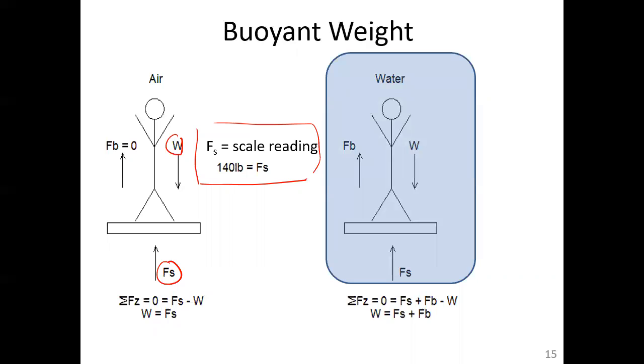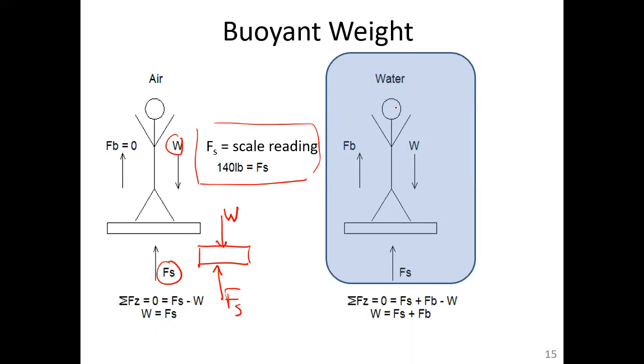If you drew a free body diagram of just the scale, you have the weight of you standing on it and the ground pushing in the other direction, and that's what the scale is reading. No other forces acting.